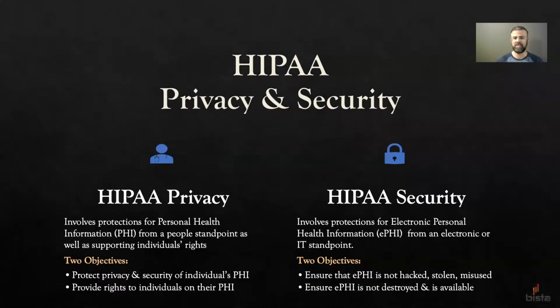So HIPAA is essentially about privacy and security. It's based on two fundamentals: to protect the health information, or PHI data, personal health information data about an individual or a patient, and also providing rights to the individuals on their PHI data, what can be done with their data or not.